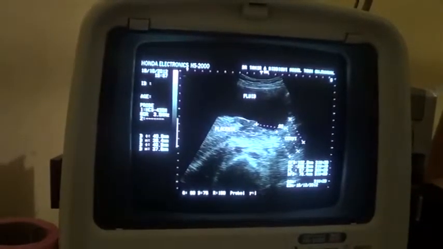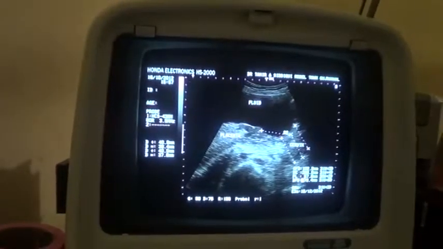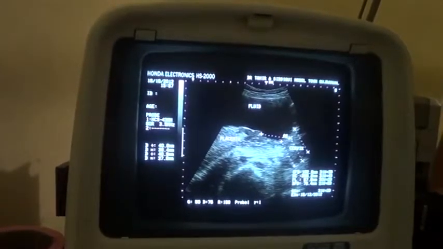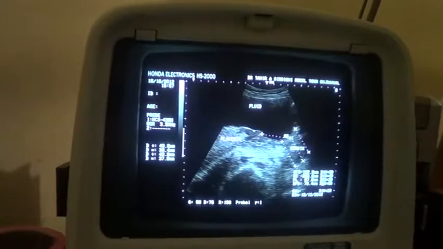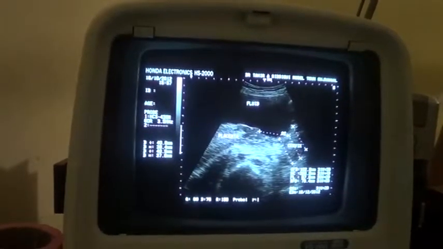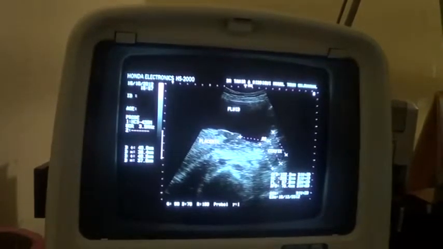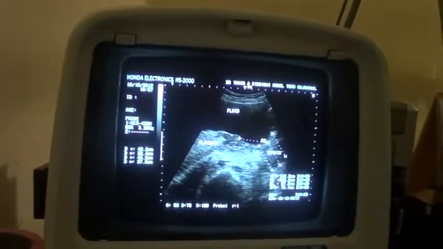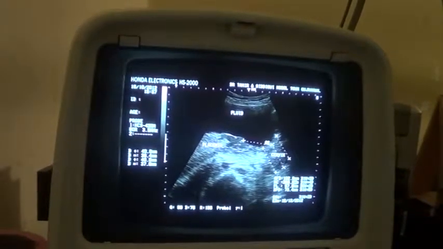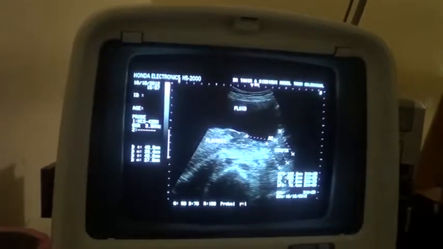25 millimeters. Now you see that the biparietal diameter is 7.94, which corresponds to the gestational age of 31 weeks, 6 days. Femur length is 5.78, corresponding to the gestational age of 30 weeks. Head circumference is 286.8 millimeters, corresponding to the gestational age of 31 weeks plus 4 days.